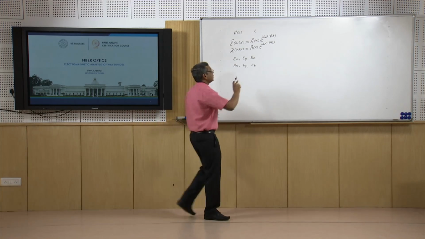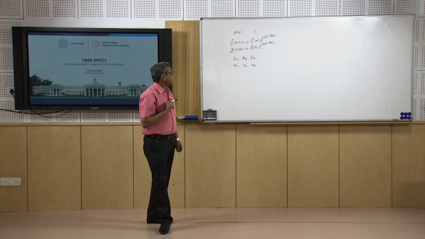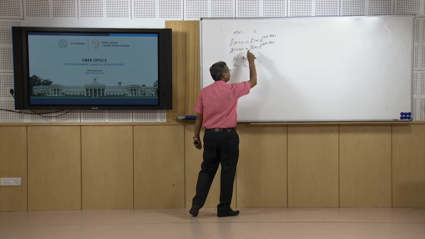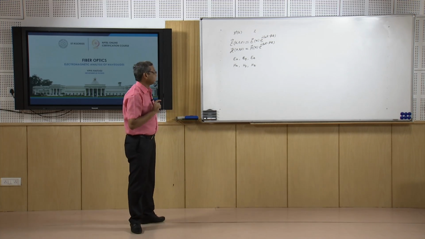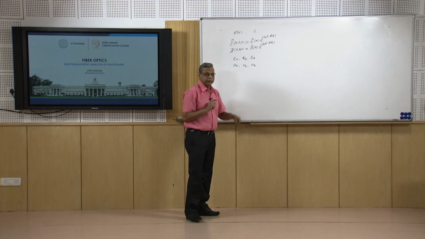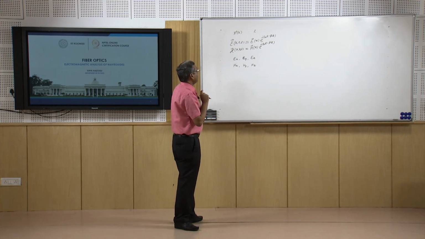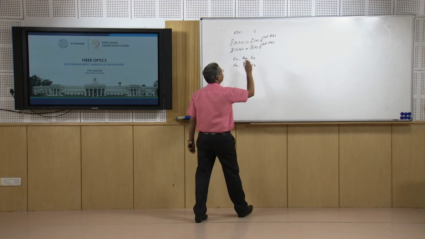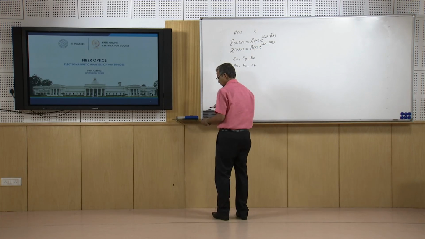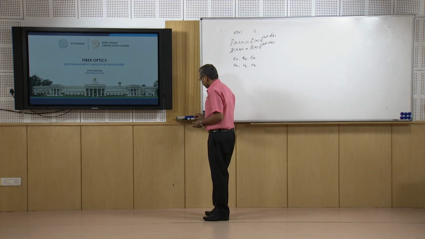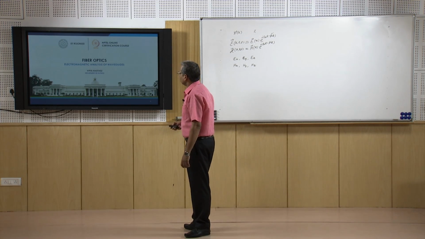This is a mode propagating in z direction, and you should remember that these E and H are not plane waves, that is why I will have all the components here. What I want to find out now is what are the values of beta and the corresponding E and H. They define the modes, and we were doing the analysis of this.